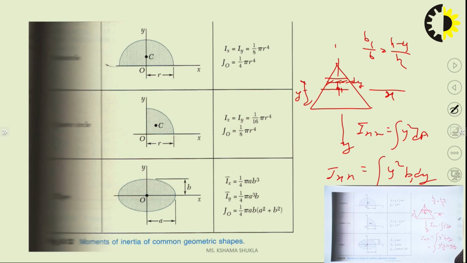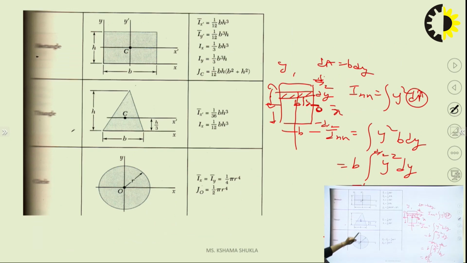The limit is simply, you can understand, I'll take the y value from 0 to h. Put it, solve it, and the value is bh cube by 36. So we can find out the values by this approach easily. The value is Ixx equals bh cube by 36.